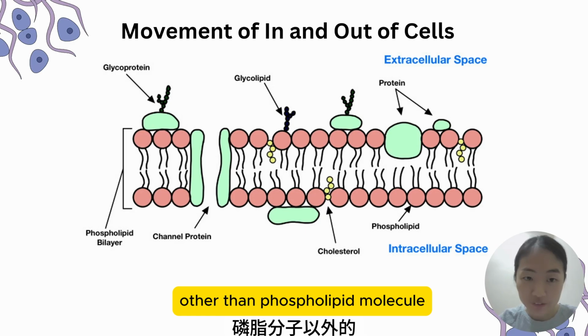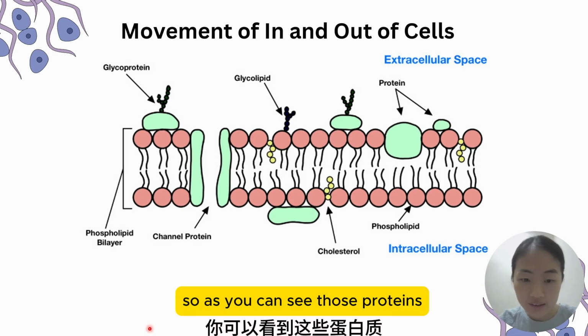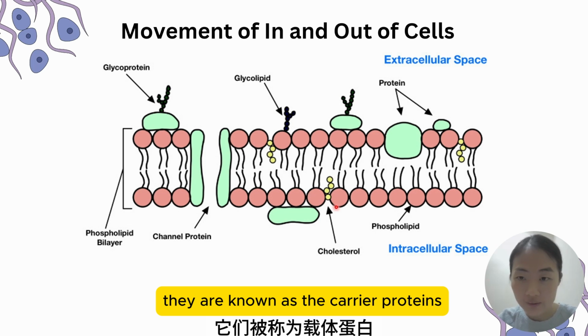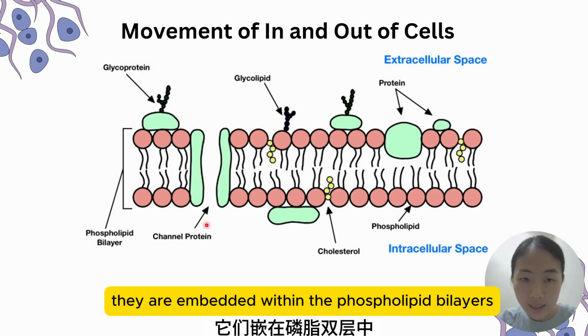Other than phospholipid molecules, the cell membrane also consists of embedded proteins. As you can see, those proteins are known as carrier proteins or channel proteins. They are embedded within the phospholipid bilayer.